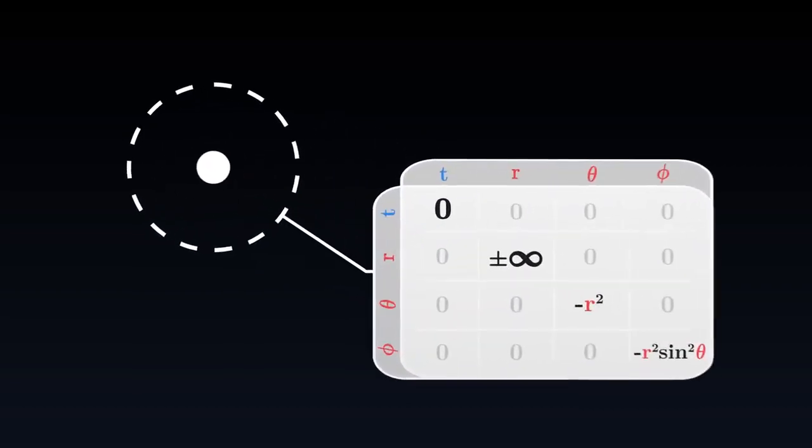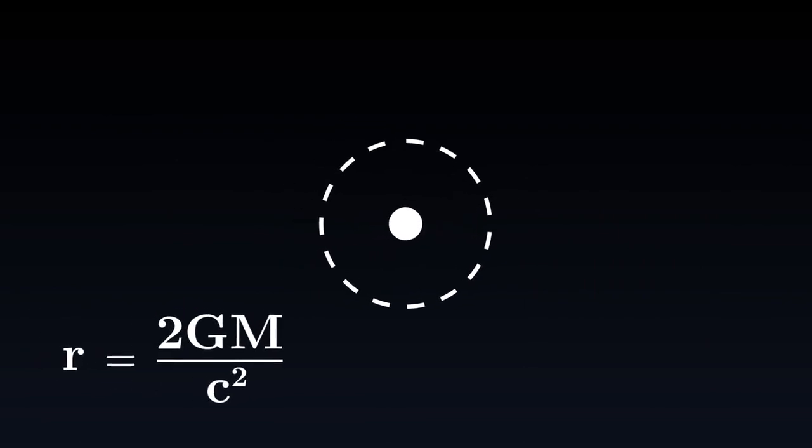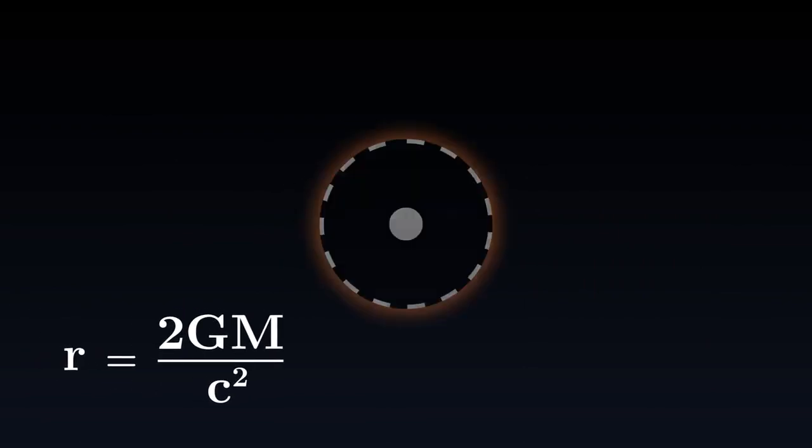But in the case of a sufficiently compact object, whose surface is very close to its center, we would be able to get close enough in order to reach a distance at which the temporal term of the metric with these coordinates is 0. We have reached a point of no return. Time is infinitely stretched compared to the outside. This is the Schwarzschild radius, the horizon of a black hole.